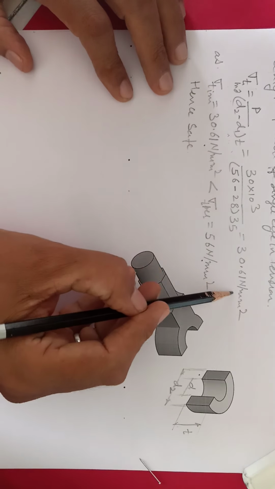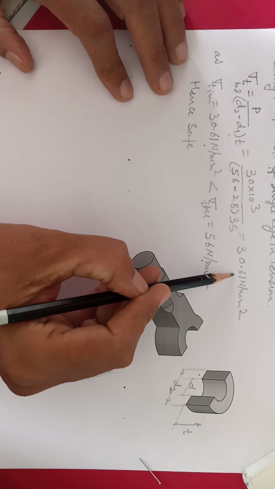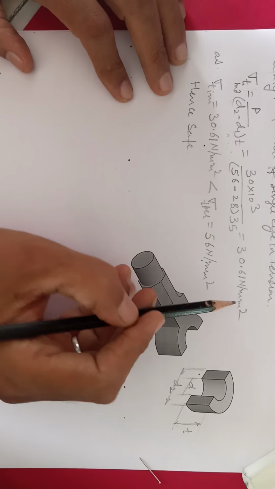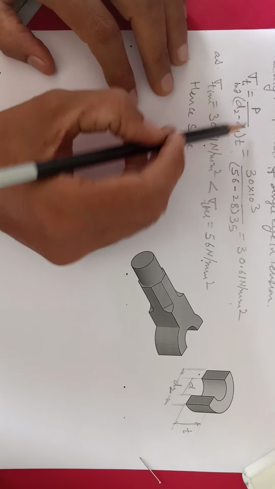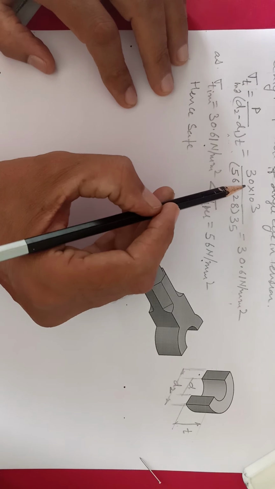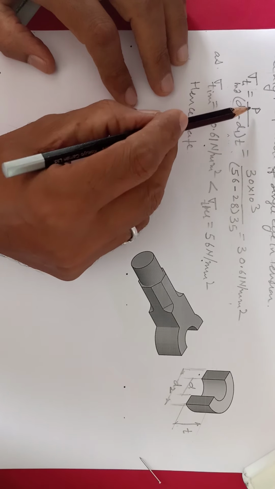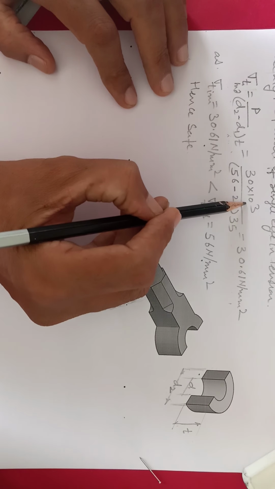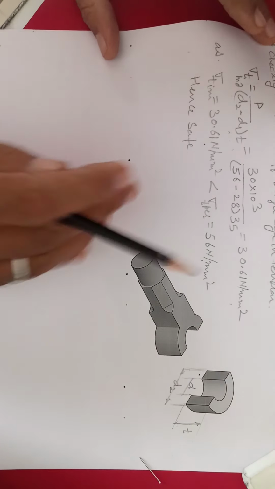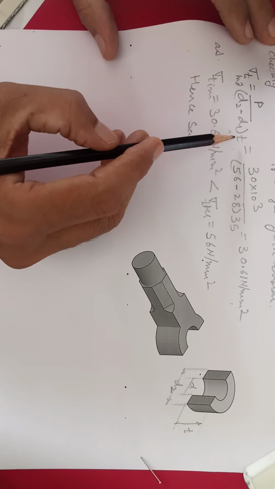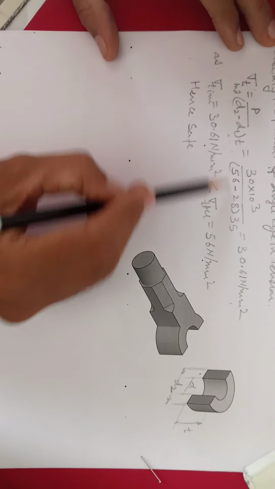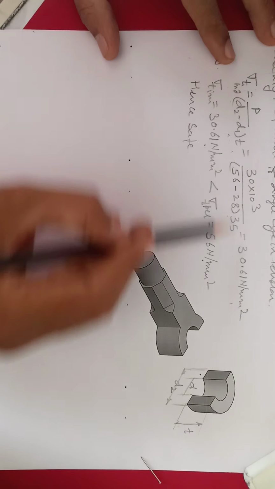That comes out to be 30.61 Newton per mm square. We are designing the knuckle joint for 30 kilonewton, so the value of P is equal to 30 into 10 raised to 3. D2 is already calculated here, and D1 is also calculated here, and T is also calculated empirically. So putting the values, we will calculate the induced stresses.